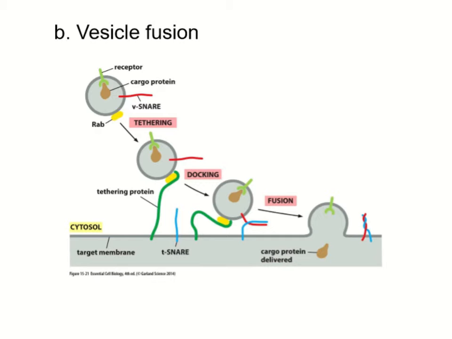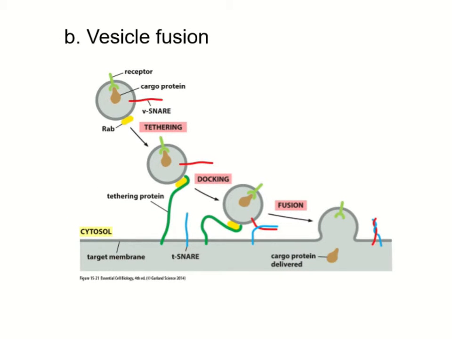But this is showing a vesicle that's coming from the ER, up here on the left, and that vesicle is going to fuse, say, with the Golgi. And at this point up here, it's a naked vesicle, so it doesn't have the coat protein on it anymore. It's carrying its cargo in brown here on the inside.